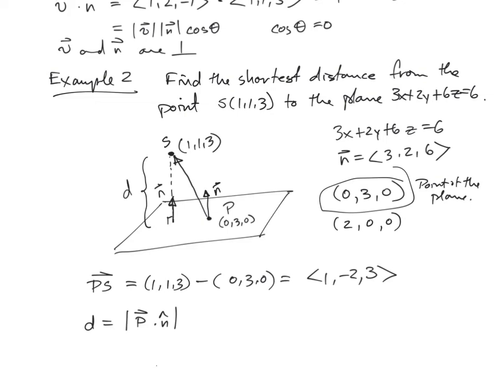Okay, so this is where I said knowing how to find the projection of one vector onto another one is very handy. In this case, it gives us the distance that we're looking for. Well, this is n hat, which is a unit vector.